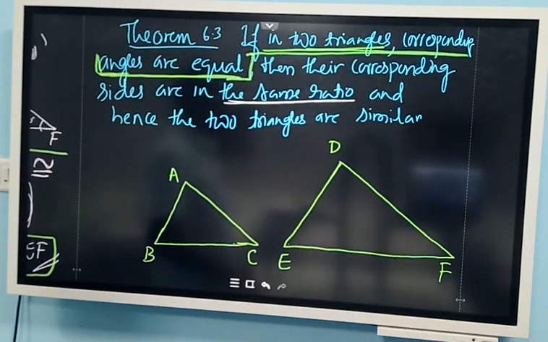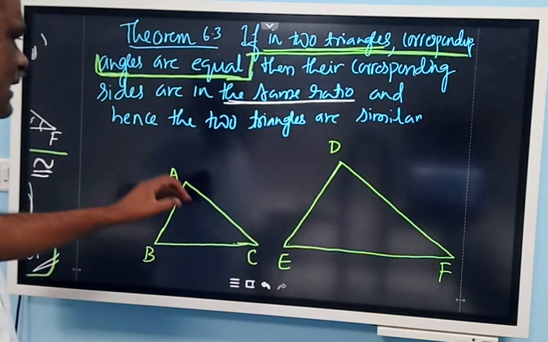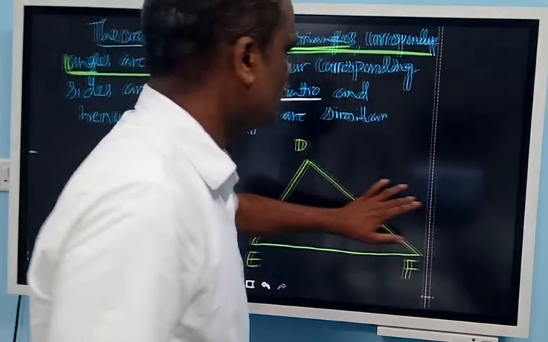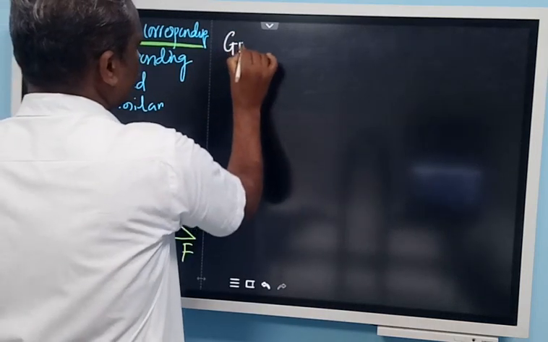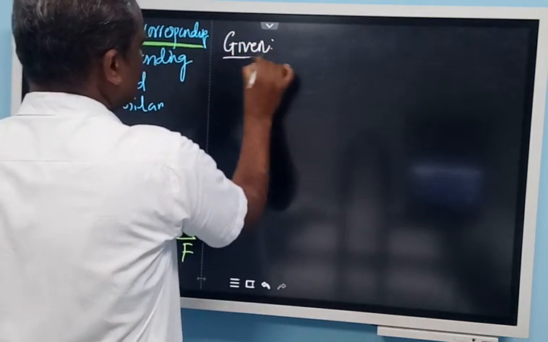So now let us prove this systematically. How to prove this? Let us see. We have taken two triangles. Let us write the data that is given, with reference to the diagram.